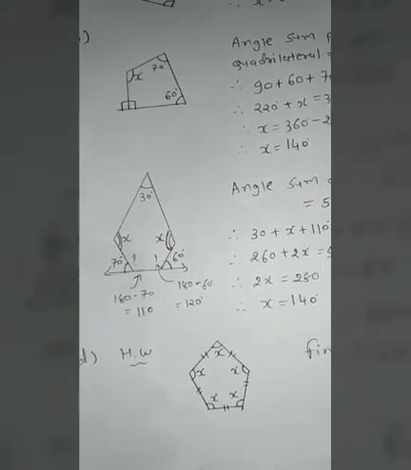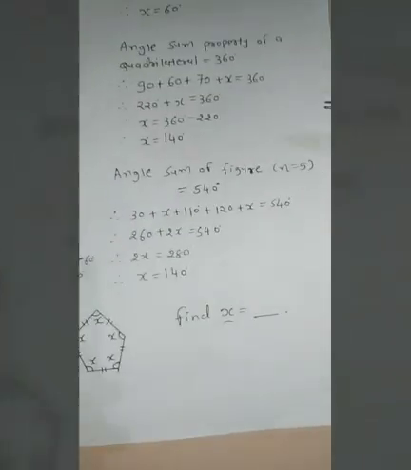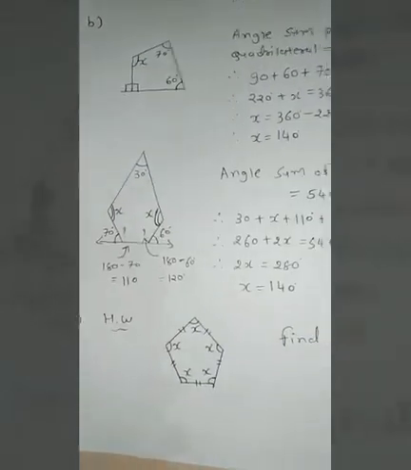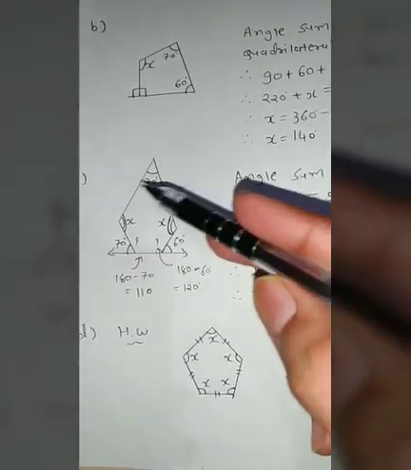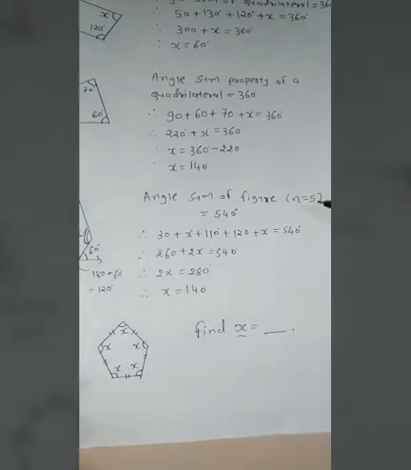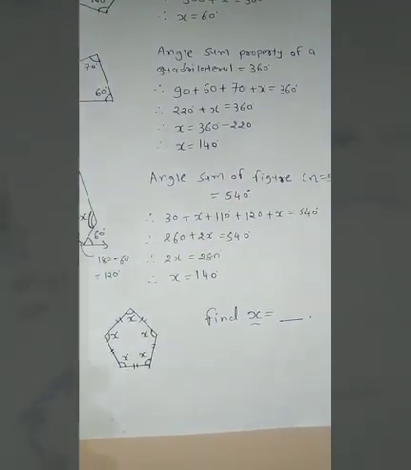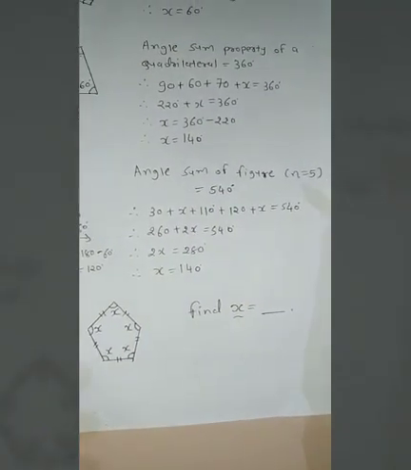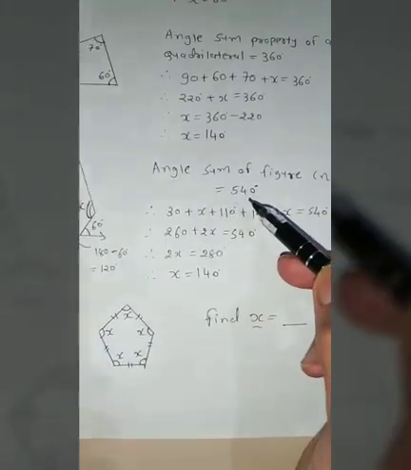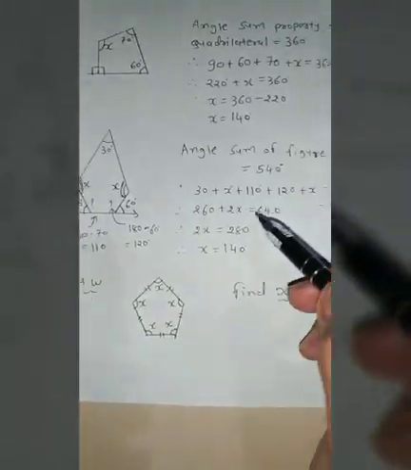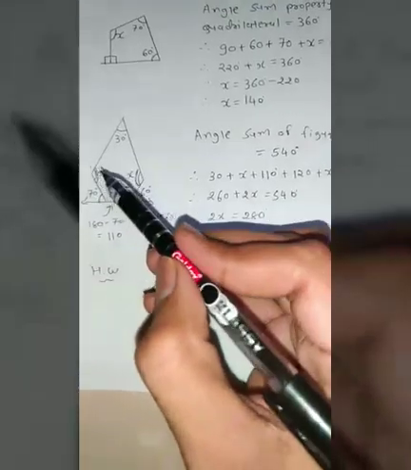We use the angle sum. So the angle sum of this figure, n is equal to 5 because this pentagon has 5 sides. So I take n is equal to 5 here and put it in the angle sum formula, and after that I can find 540. We simplify this equation.